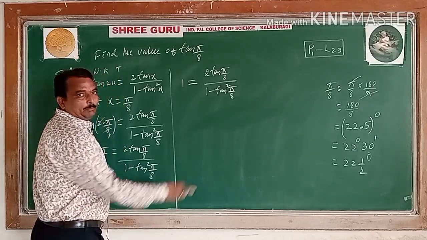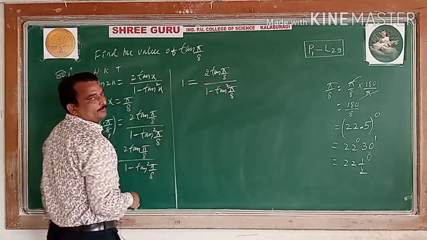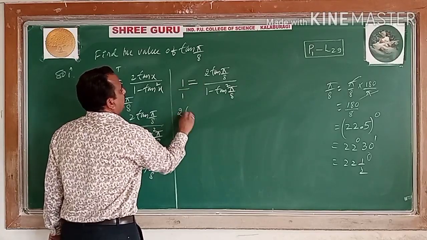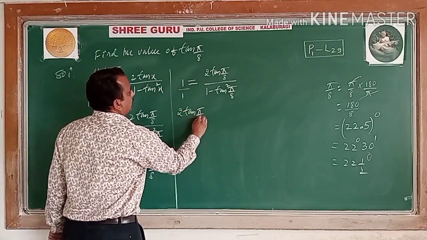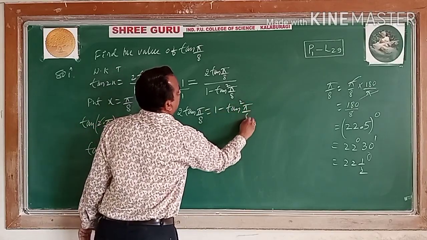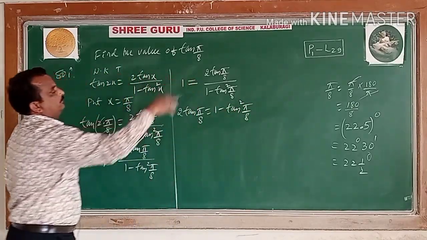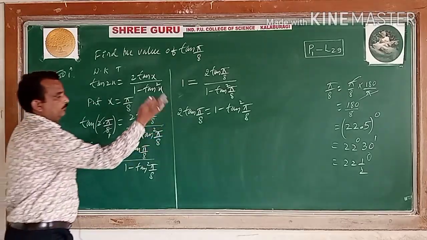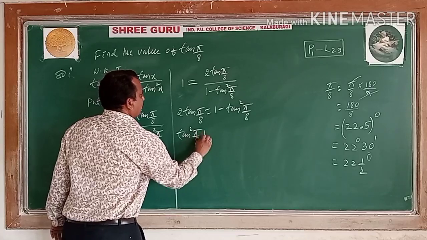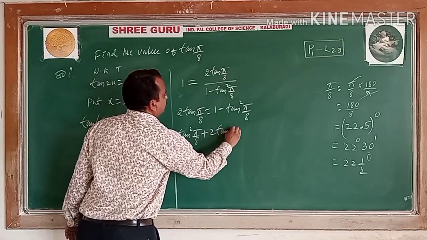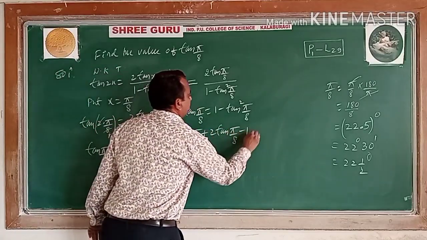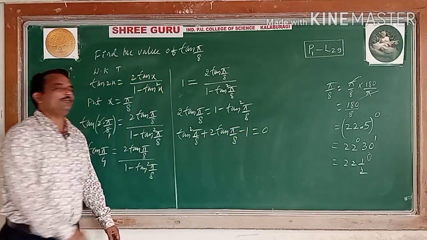Let us do cross multiplication. I will cross multiply the equation. It is 2 tan pi by 8 into 1 is equal to 1 minus tan square pi by 8. Taking tan square pi by 8 to this side, plus 2 tan pi by 8 minus 1. Does it become a quadratic equation?